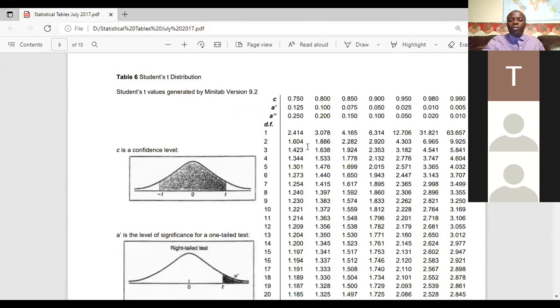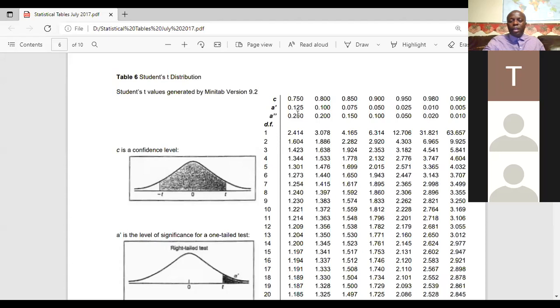In that case, we use the degrees of freedom and also the different values for alpha level. For example, for 2 tails, we use this one. But for 1 tail, we use this one. These are alpha levels.